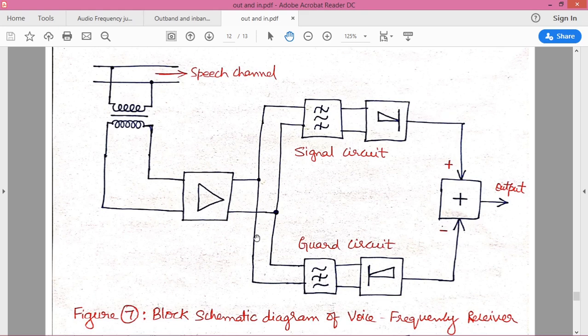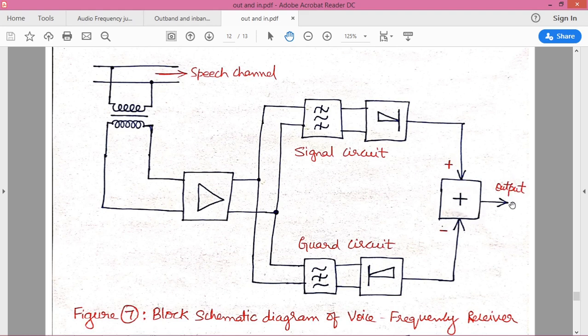Similarly, on the other hand, this is a band stop filter which will block only the control signal. Right now we are not having any control signal, we are observing only the speech signal along with the carrier signal. So the speech signal and carrier signal will be passed, and if right now this is 0 and we are having some rectified signal, if the guard circuit output is more than the signal circuit output, in such case this comparator will produce some output.